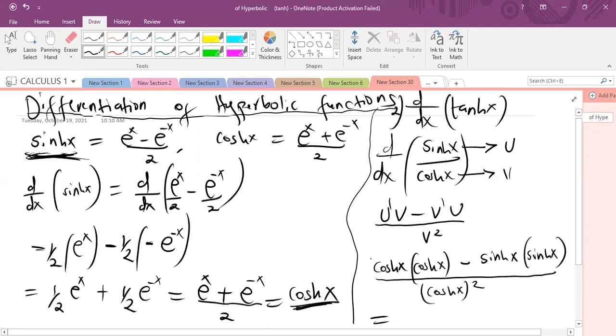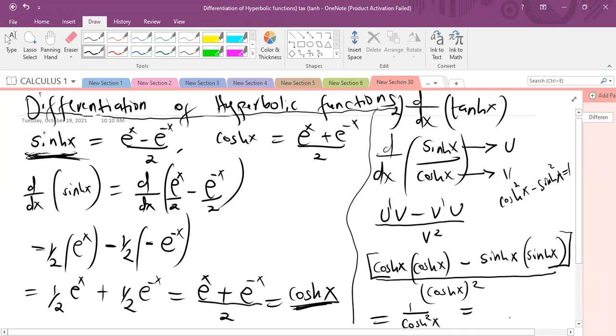Guys, from hyperbolic identities, I don't know if you remember them, but this right here you should be able to know. We have cosh squared x minus sinh squared x is equal to 1. So this right here will give me 1 over cosh squared x. And what is 1 over cosh x? 1 over cosh is the same as sech.